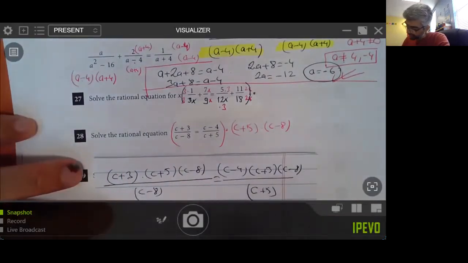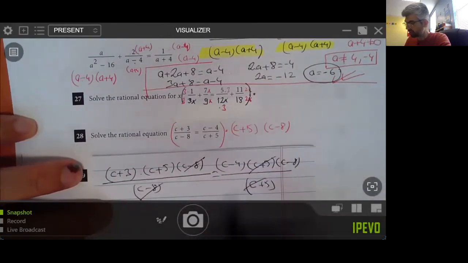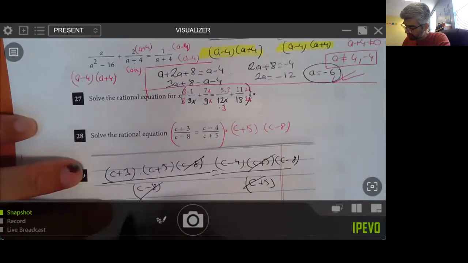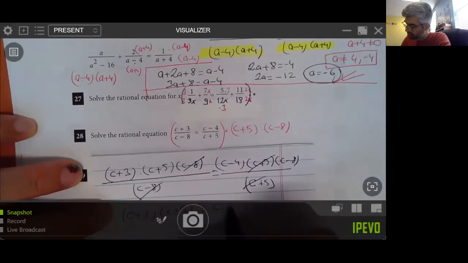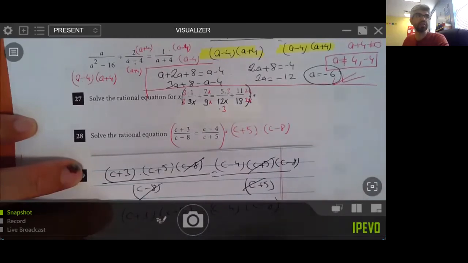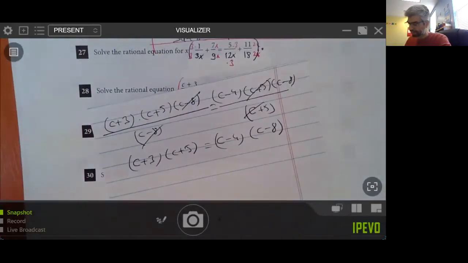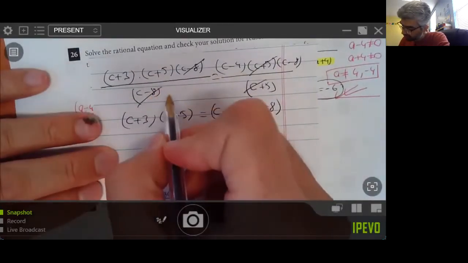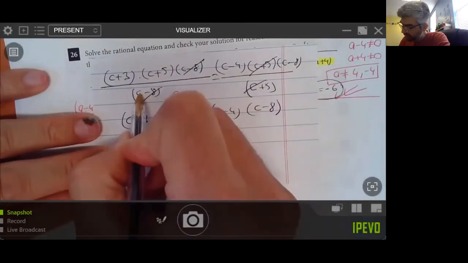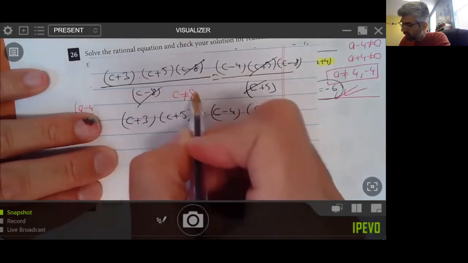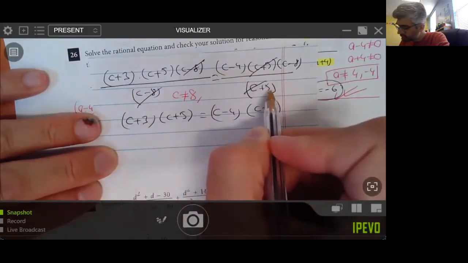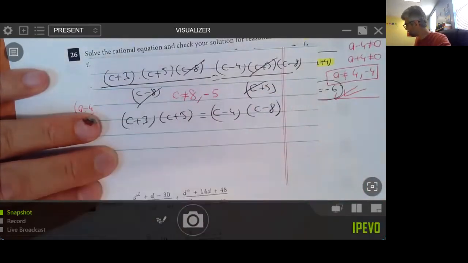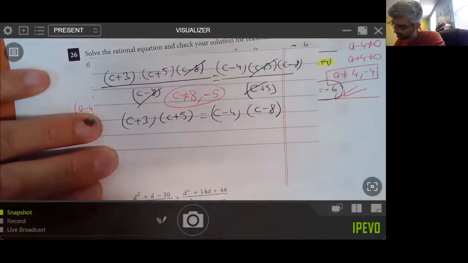And we can simplify the factors, and we will have c plus 3 times c plus 5 is equal to c minus 4 times c minus 8. Okay. And attention, here again, we have to write c must be different than 8, because 8 minus 8 is 0. And c must be different than negative 5. All right. c is different than these two numbers.